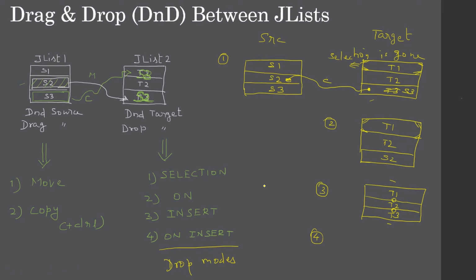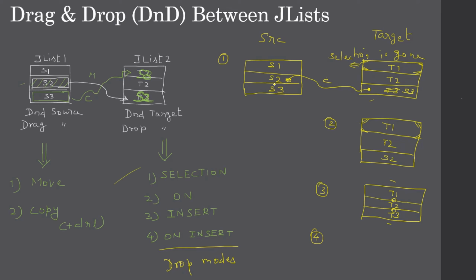So when we go through the example, we will understand these drop modes as well as the basic operation of move and copy through D&D. In JTextField, we just enabled the drag and drop by making a call to setDragEnabled to true.